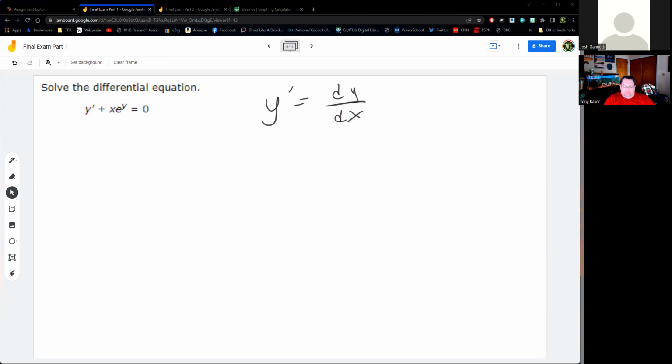So if we move this piece over here, I get dy/dx equals negative x e to the y. So now, again, just like my last problem, I can do the split. So I get dy over e to the y equals negative x dx.